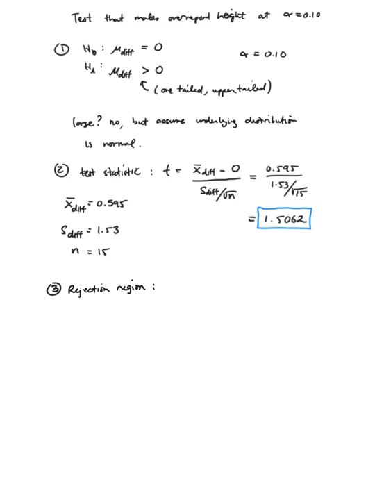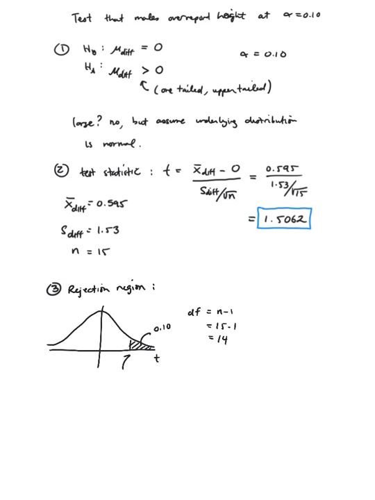This test is an upper-tailed test. So there's my t distribution. I think alpha is 0.1, so there's 0.1 of the area in the upper tail. Degrees of freedom is n minus 1, which is 15 minus 1, and that's 14.